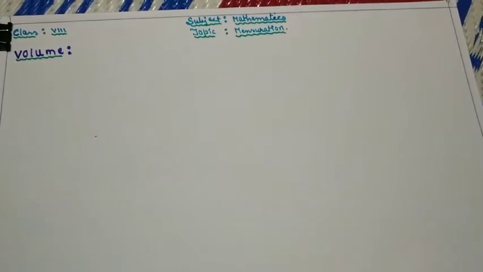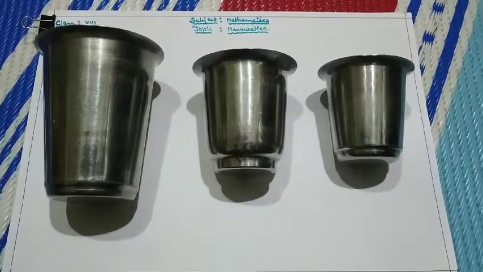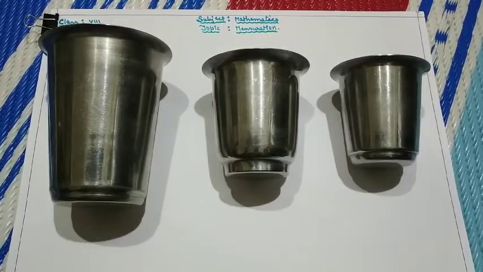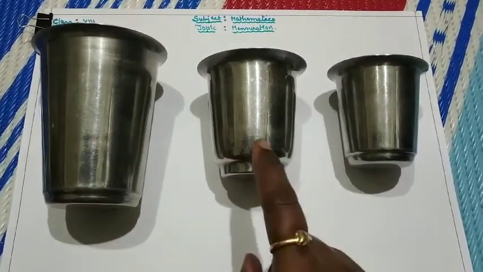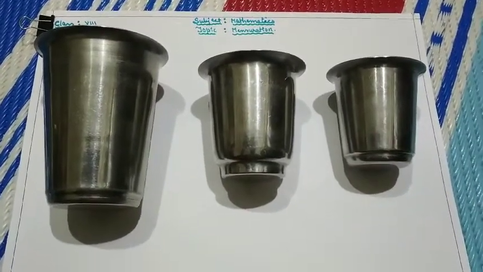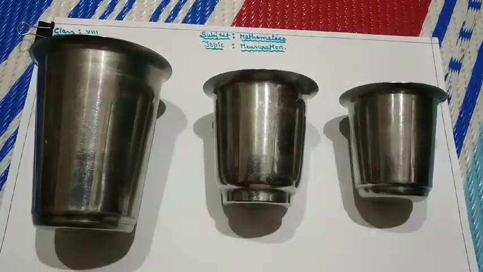Well, one look at the glasses used to serve them tells you that the only thing different is the amount of Coca-Cola contained within. So here we find three different measures of glasses. One is very big, the other one is medium and the other one is small.